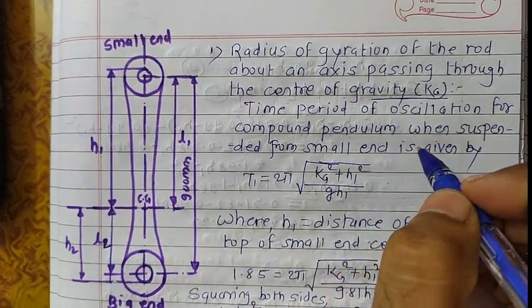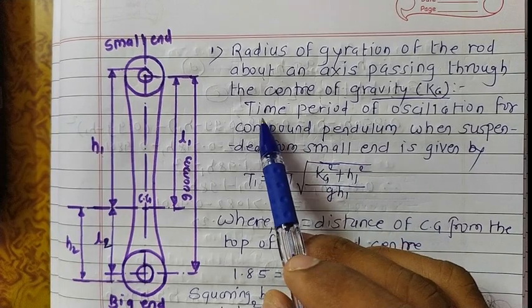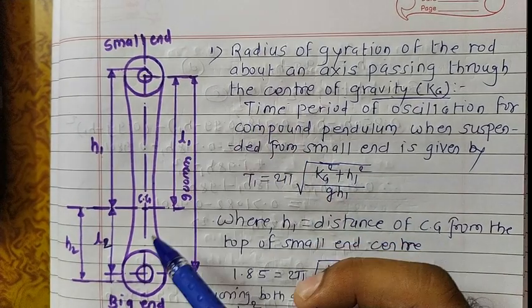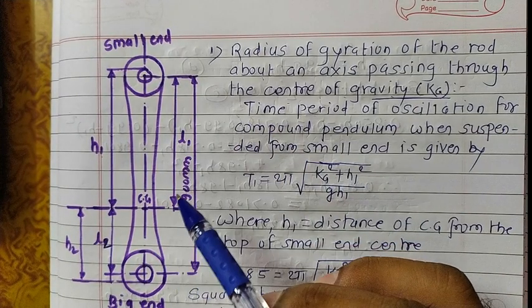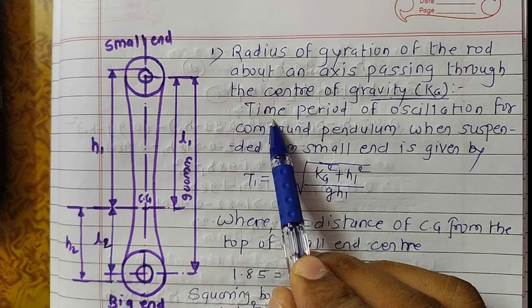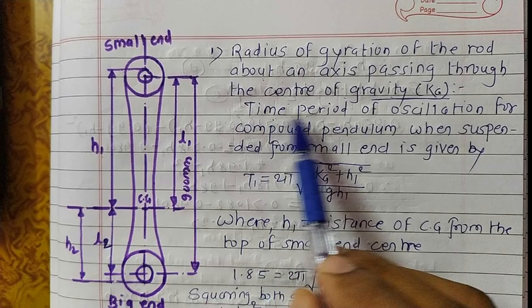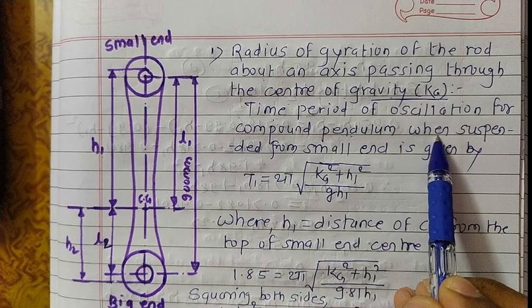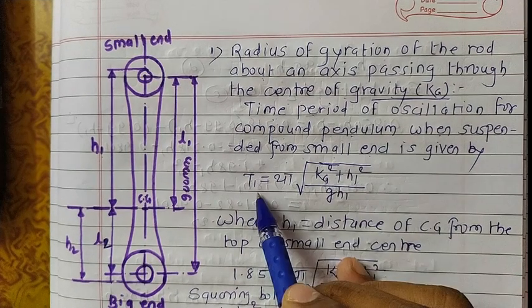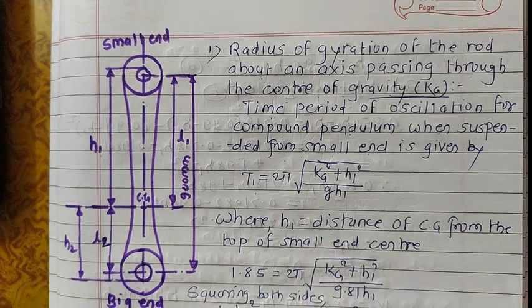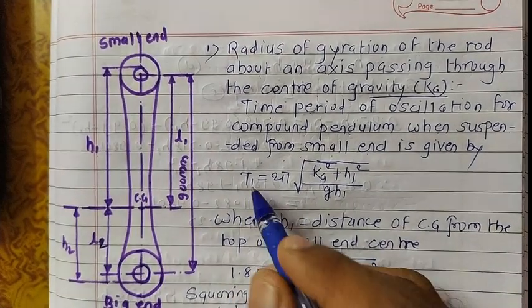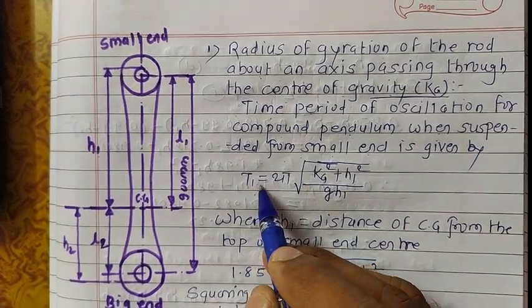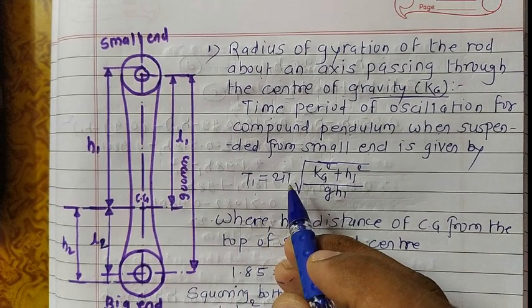For that, the information regarding this connecting rod is given, so the time period is given. The time period of oscillation for the compound pendulum when suspended from the small end, let's consider it as T1, or we can use the notation TP1.